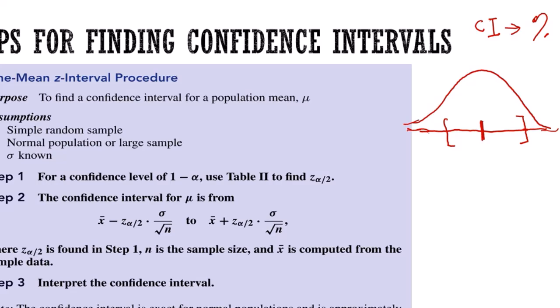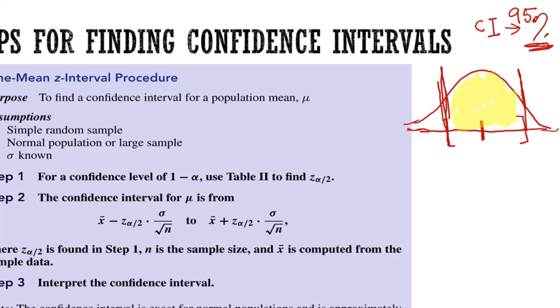And these endpoints will cover an area under the curve. And I'm going to shade this area, which is the decimal version of whatever percentage we are using for our confidence interval.